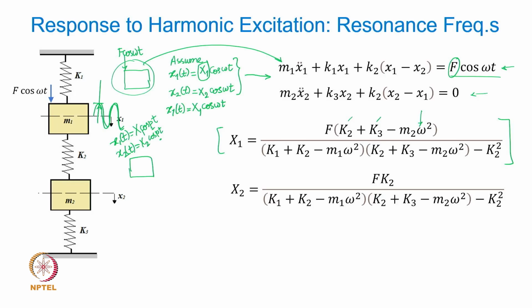So at any instant of time you can calculate what is x1 t. Similarly x2 will give you the amplitude of the second mass. It's given by this. Do you observe something interesting here?